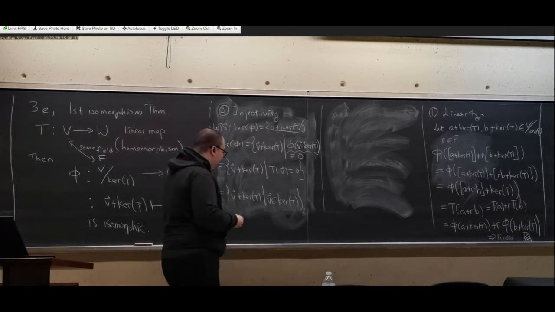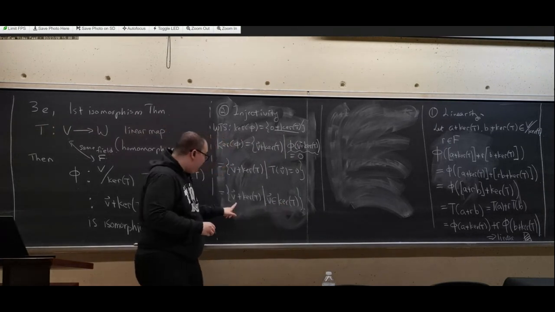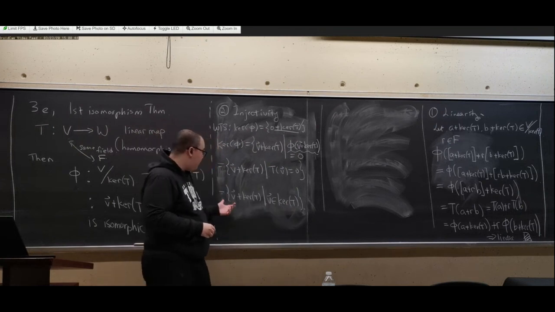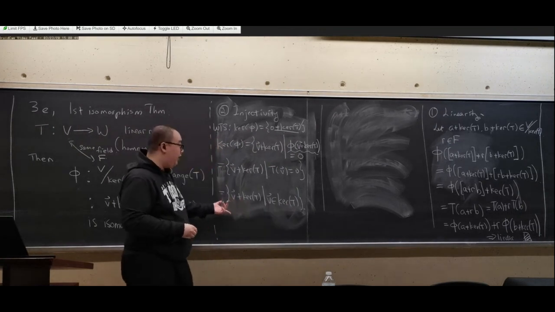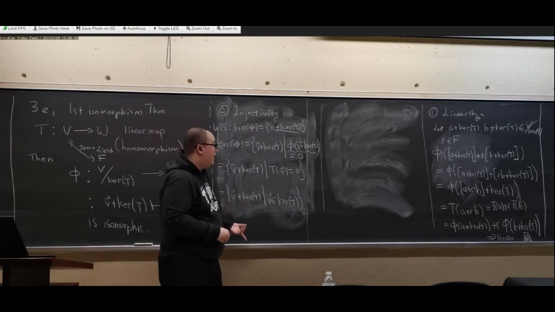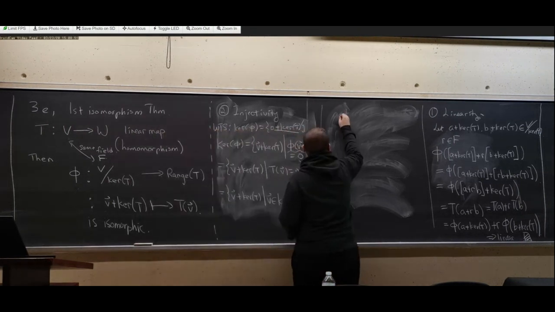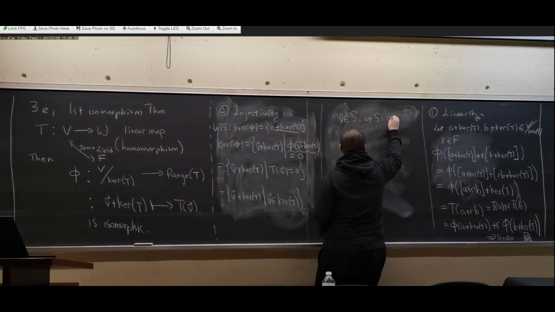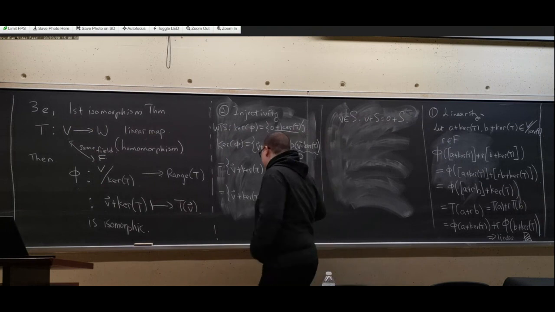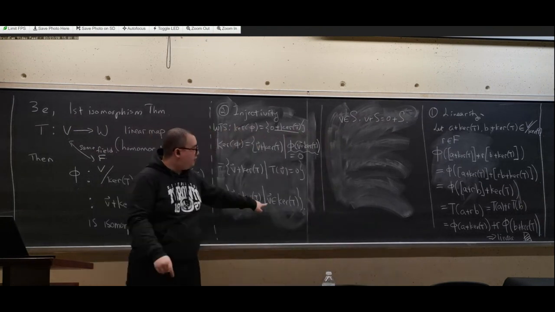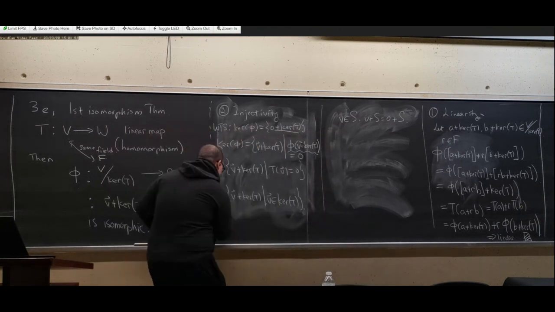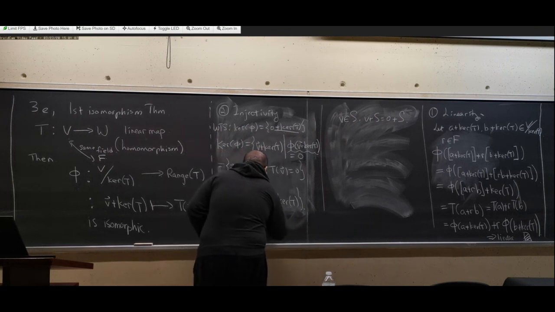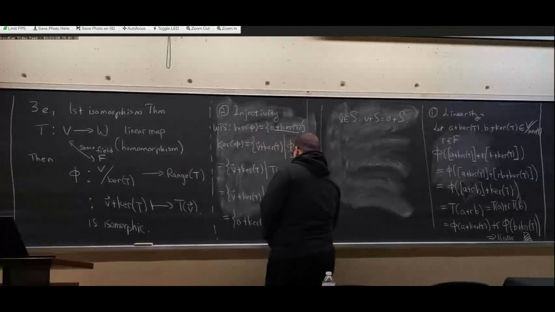But if V is in the kernel of T, what does V plus kernel of T equal to? Well, V inside kernel of T means V plus kernel of T must be 0 plus kernel of T, because of the property that if I have V in S, then V plus S is just the same as 0 plus S. In this case, I have V plus kernel of T, but V is in kernel of T, so this simply equals 0 plus kernel of T. So this will prove injectivity.